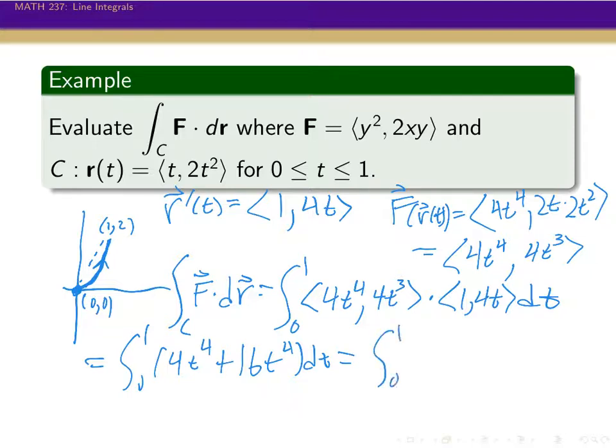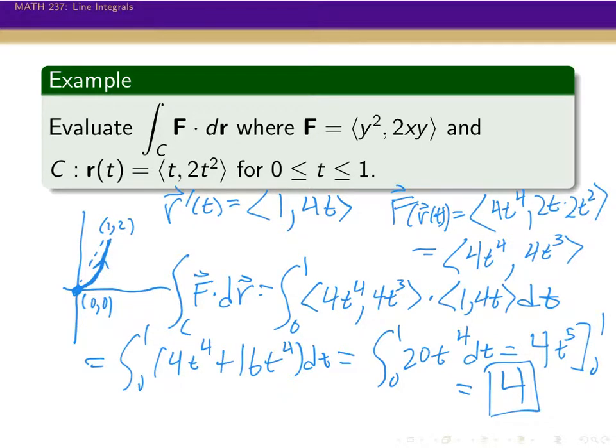And so really we're integrating 20t to the 4th. And so when we integrate this from 0 to 1, the integral of t to the 4th is going to be t to the 5th over 5. So 20 over 5 is going to give me just 4 again. So it'd be 4t to the 5th from 0 to 1, which just gives me 4. Right? And that's the same thing that we got in the last one.